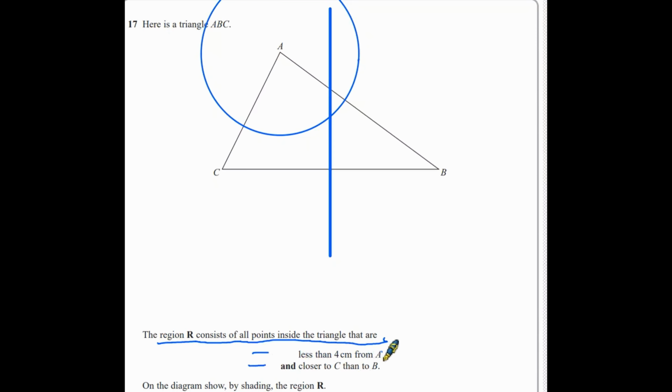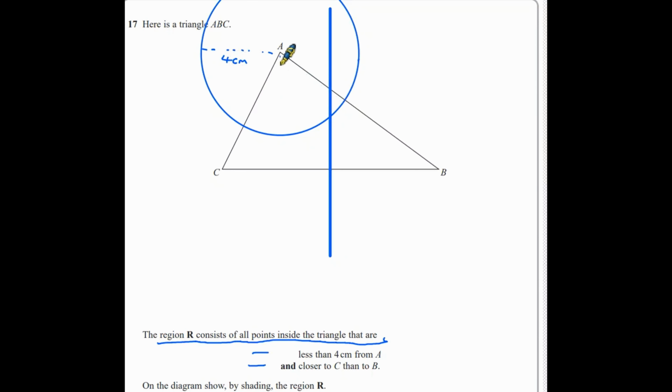One of those conditions, it is less than 4 centimeters from A. So what you need to do is take a compass and put the point on A and draw a circle where the radius is 4 centimeters.